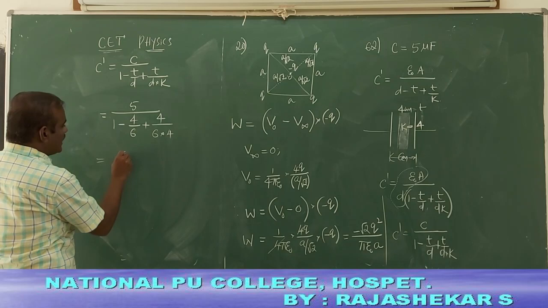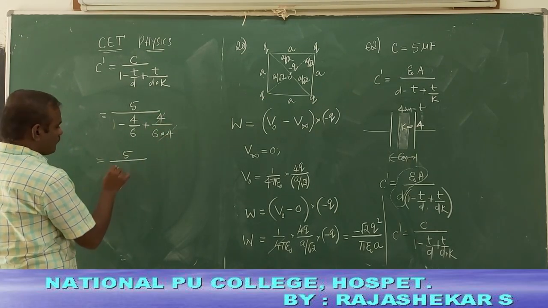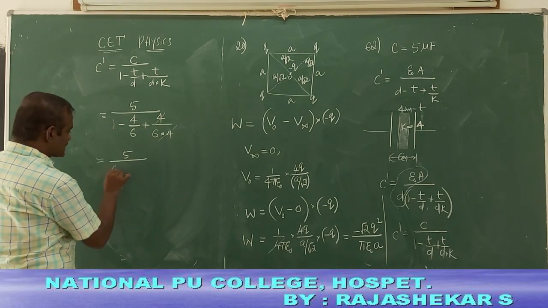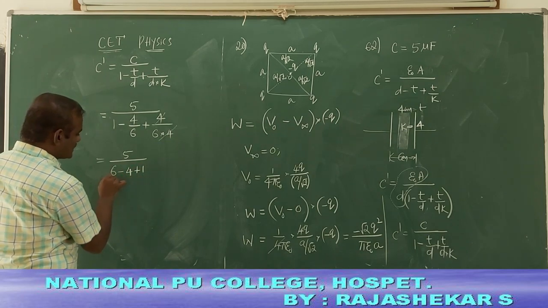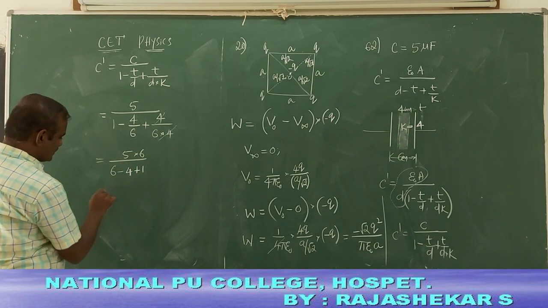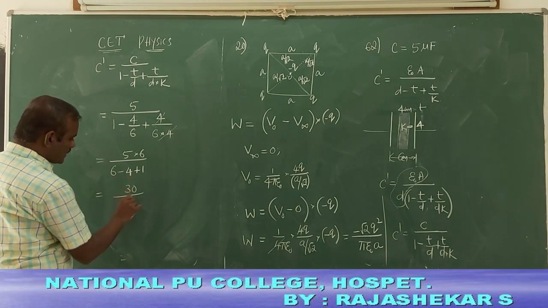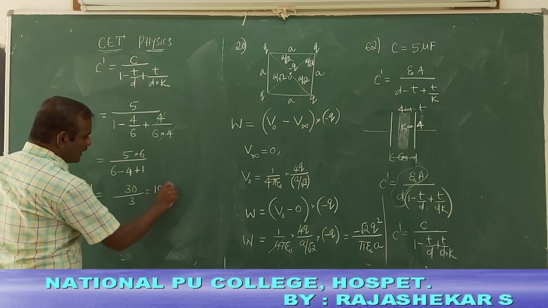This is 5 divided by, remember, 4 and 4 cancel. Therefore, 1 minus 4 by 6 plus 1 by 6, which is 6 minus 4 plus 1 divided by 6. 6 goes to the numerator, so 30 divided by 2 plus 1, 3. Remember, this is 10 microfarad.